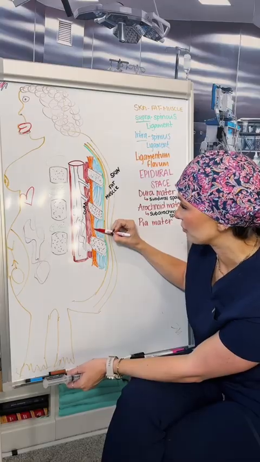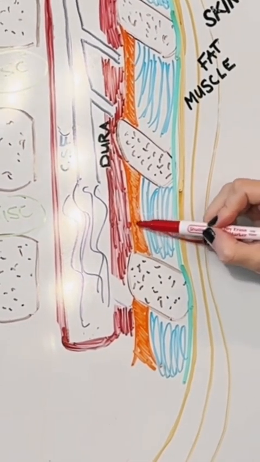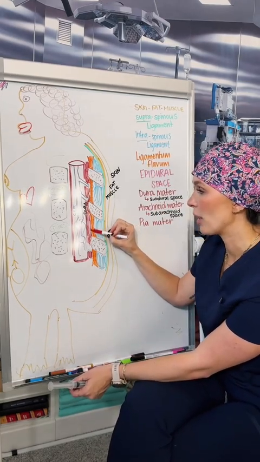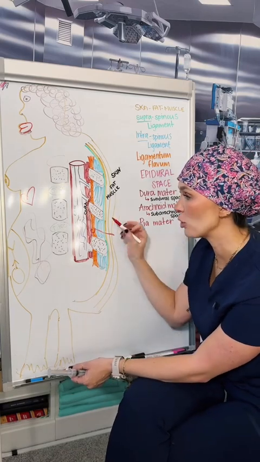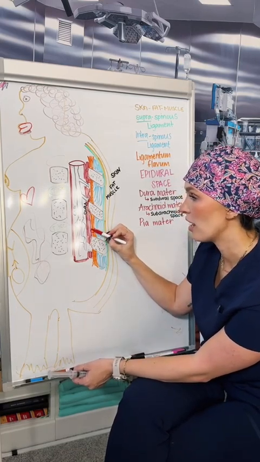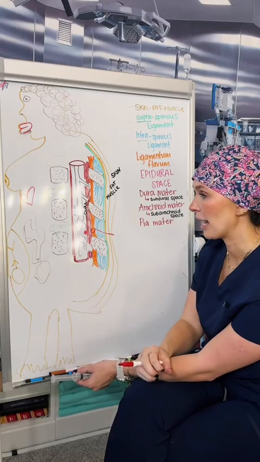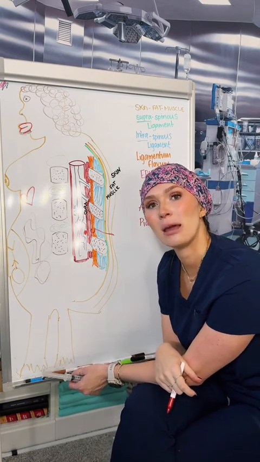Somewhere between here and there is where I'm gonna find that epidural space. If I go too far, I've punctured the dura and I'm in the subarachnoid area and I'm going to get CSF fluid and I have gone too far, and that is what is called a wet tap.